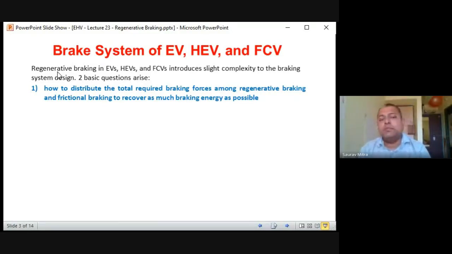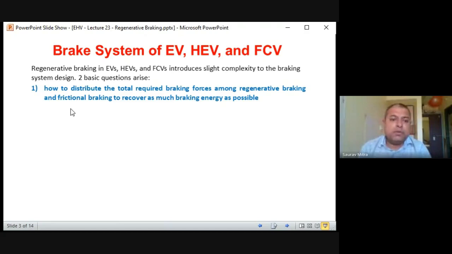There are mainly two types of braking. One is mechanical braking, which is mainly used to stop the car. This is called frictional braking as well. This is the traditional kind of braking which has been there in all cars since long. The second one is regenerative braking, which regenerates some energy and feeds it back to the power source, that is the battery.